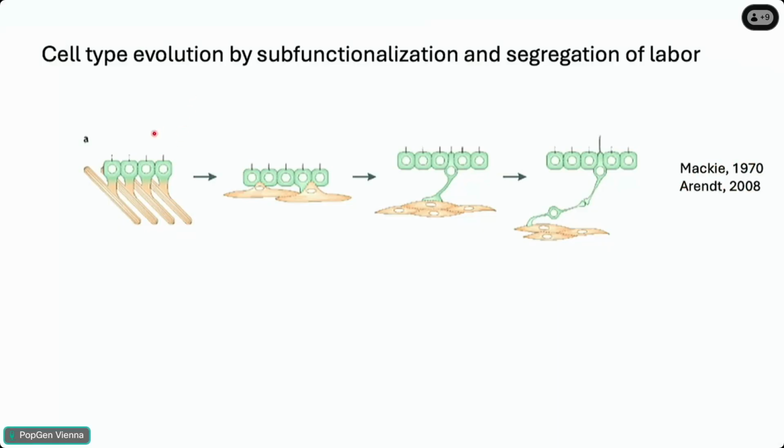So if you had first an ancestral cell type which unites everything, an epithelial cell, a sensory cell, and a muscle cell all in one, then step by step you segregate these different parts. First you separate out a muscle, then you make one sensory plus motor neuron, and then you divide the neurons into sensory and motor neurons.